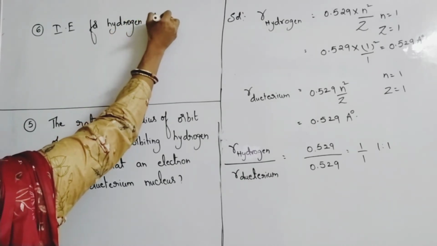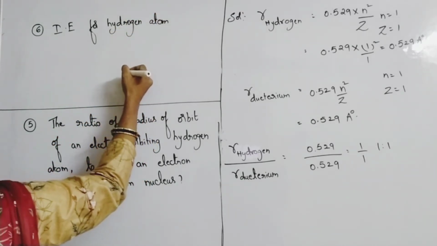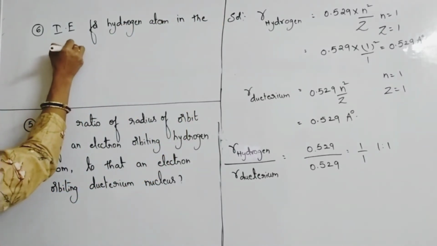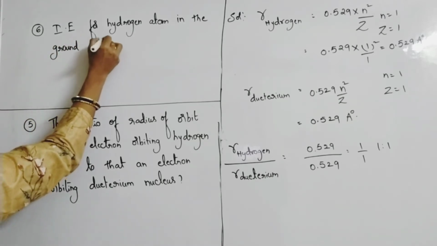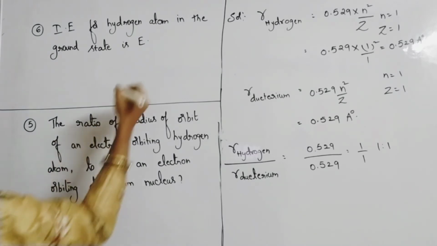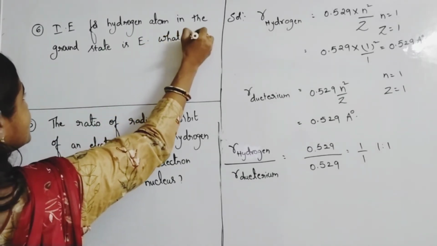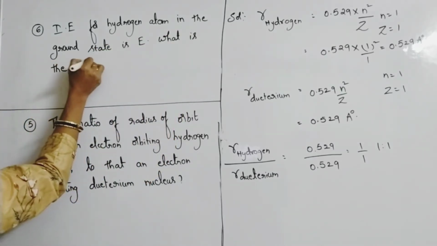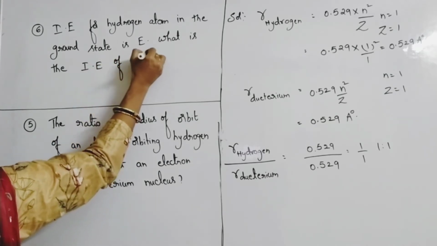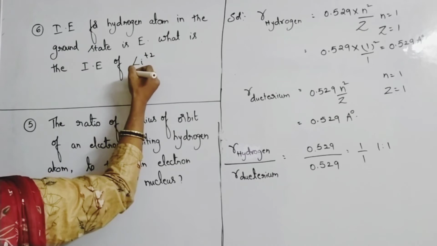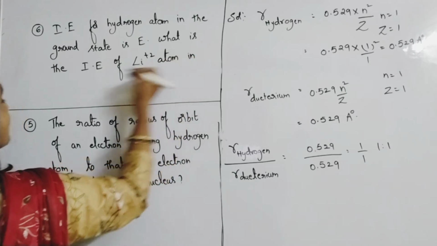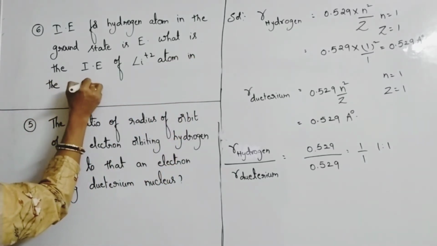Ionization energy for hydrogen atom in the ground state is given as capital E. What is the ionization energy of Li plus 2 atom in the second excited state? That is the question.